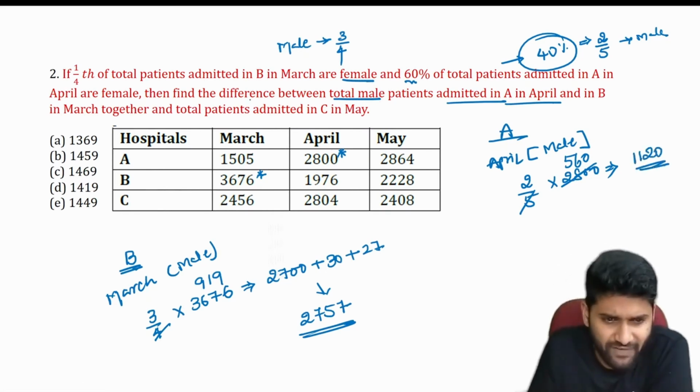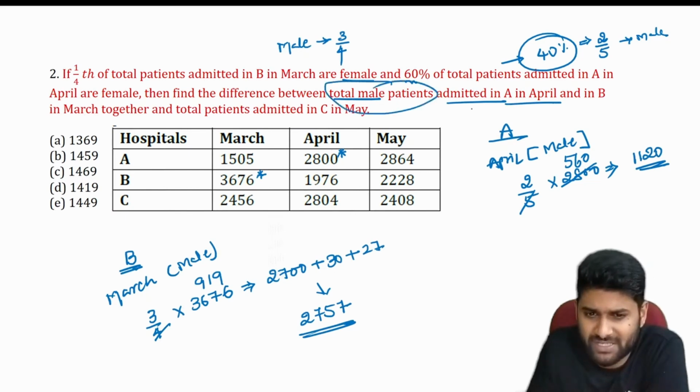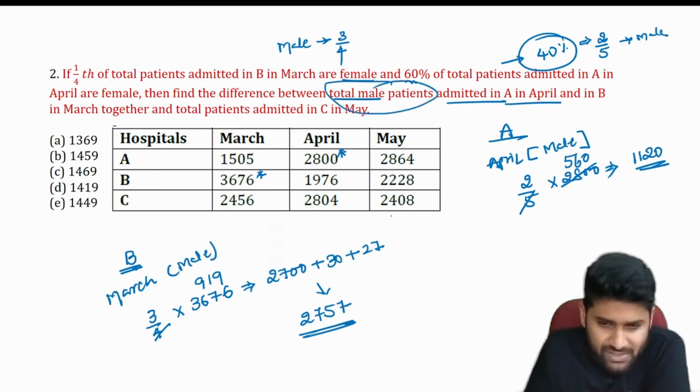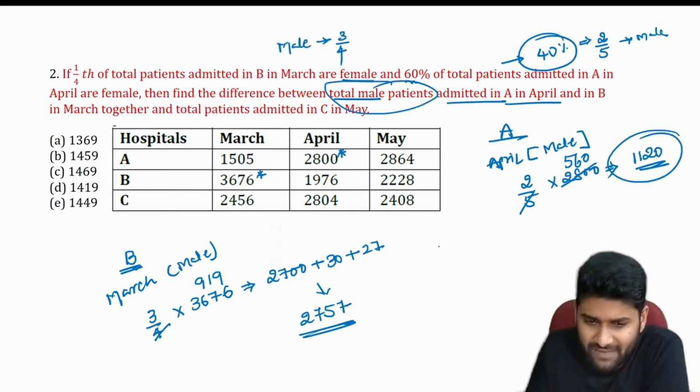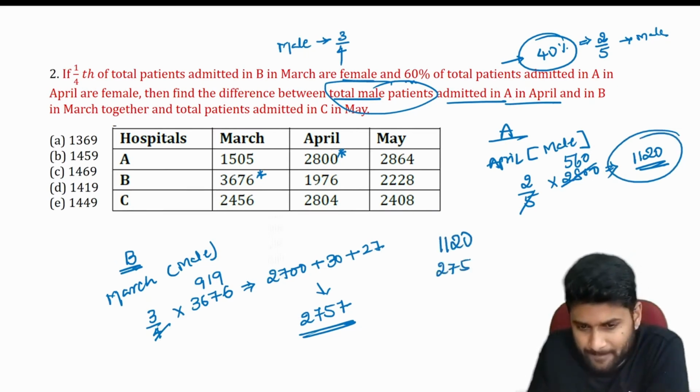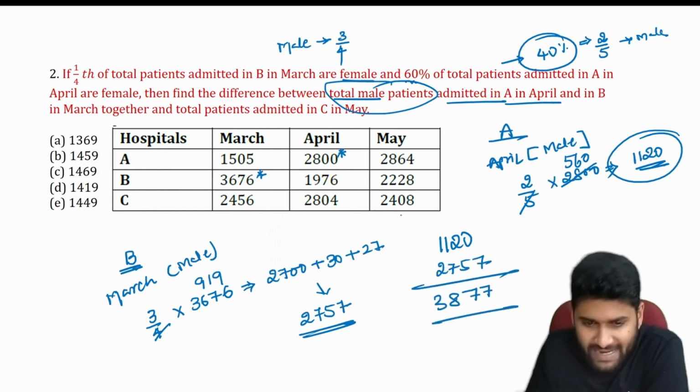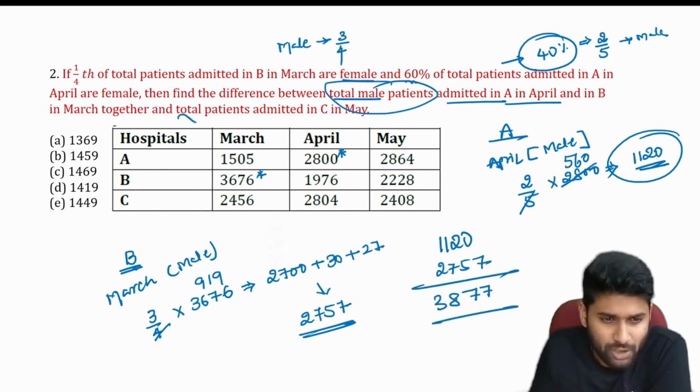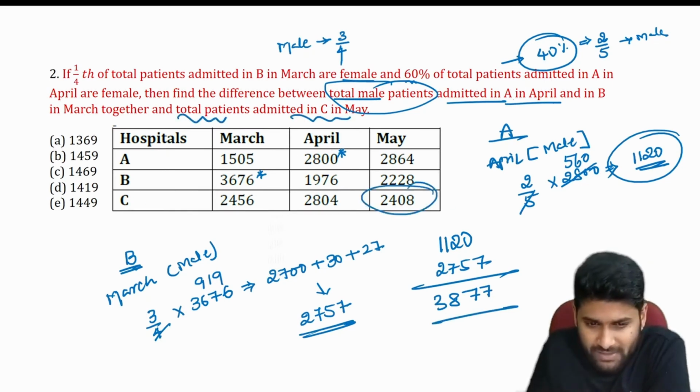Now the question: find the difference between the total male patients admitted in A in April, which is 1120, and B in March, which is 2757. The sum of these values is 3877. Then the total patients admitted in C in May is 2408.